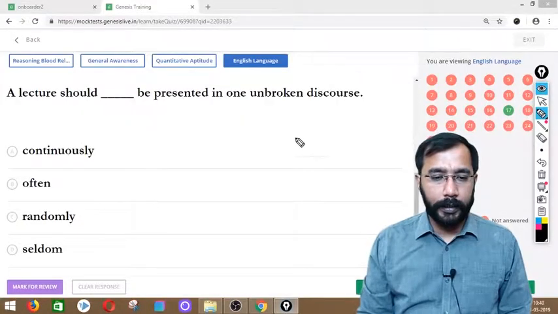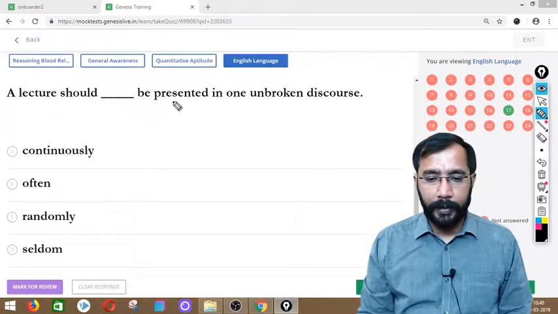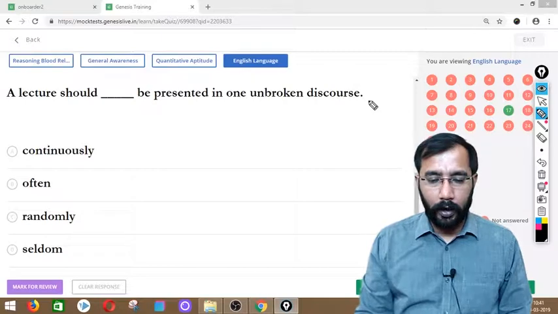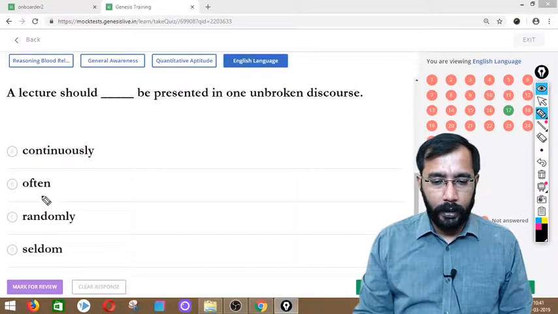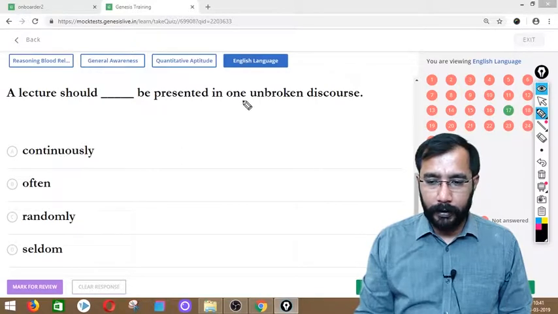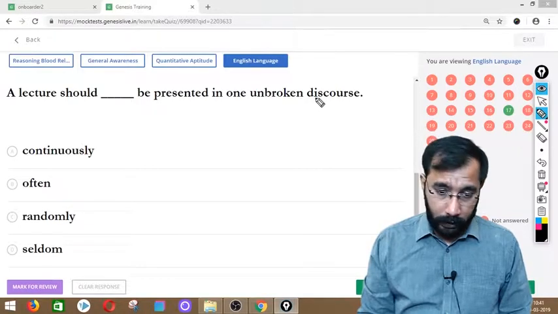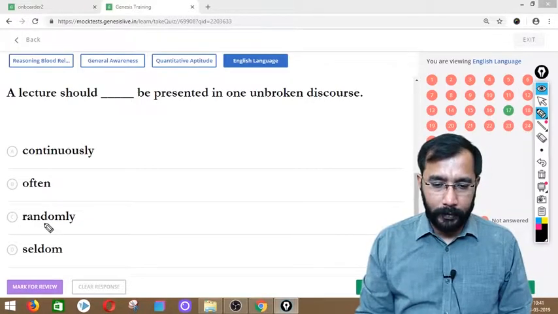All right, the next question is, a lecture should dash be presented in one unbroken discourse. The options are continuously, often, randomly, and seldom. Continuously, if you give something in an unbroken discourse, it will not be understood. If you do it often, again, it will lose its importance. Randomly doesn't make sense.